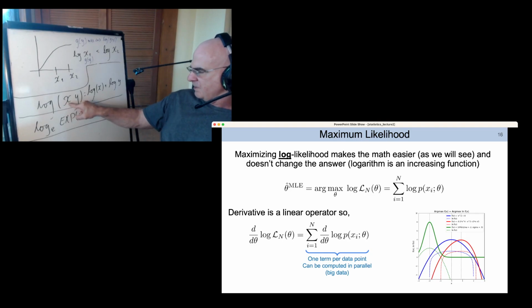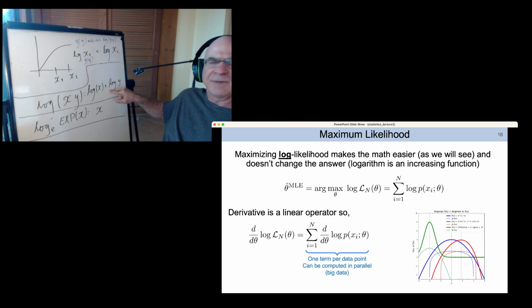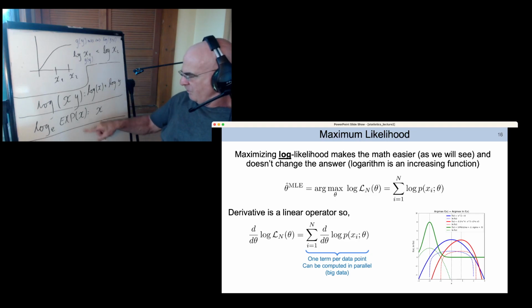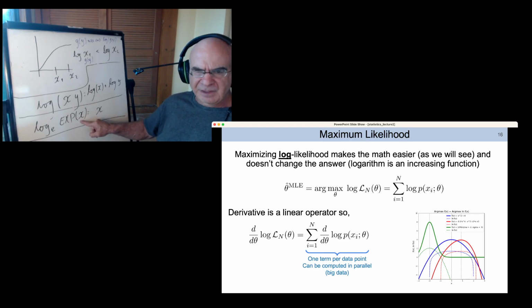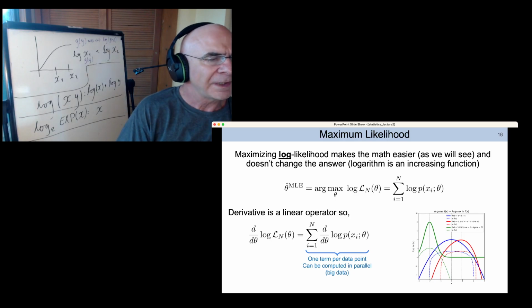So log of x times y will just be replaced by log of x plus log of y. Now it looks like log is more complicated. Log of x seems more complicated than just x, but in most cases we will see that we have some product of terms, especially when we go to Gaussians, and at this point we will use the fact that if I take the log of an exponent of something, log of e to the power of something, all I get is that something in return, which will make it easier.